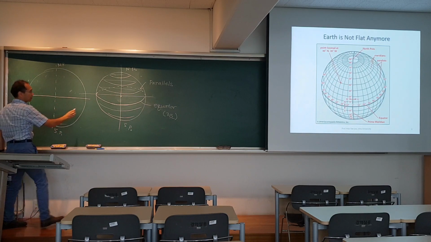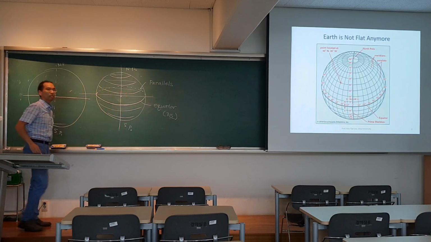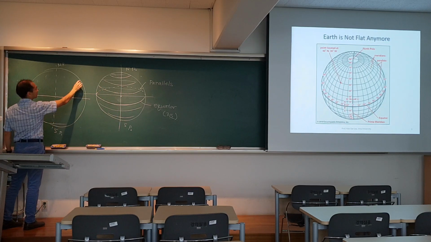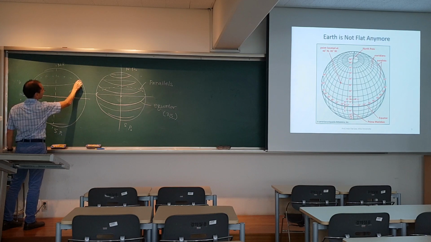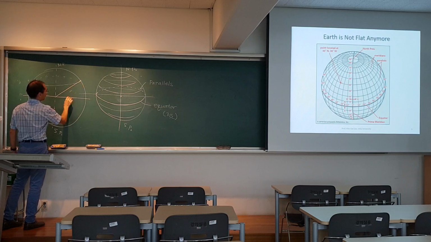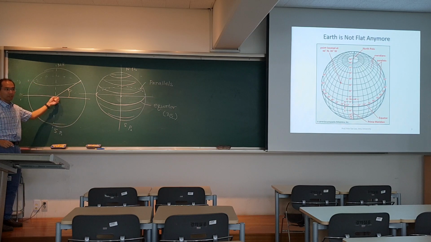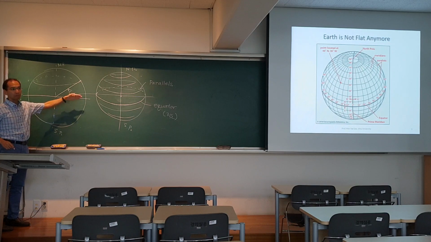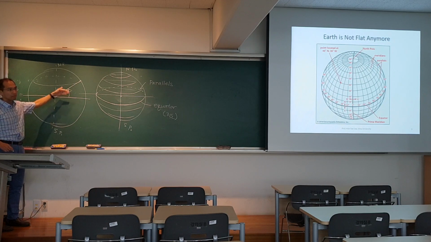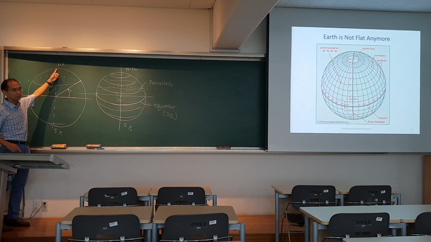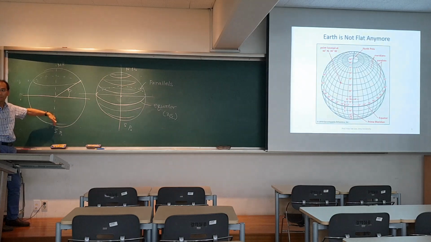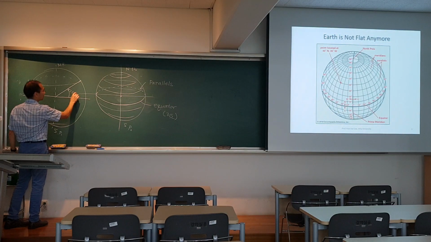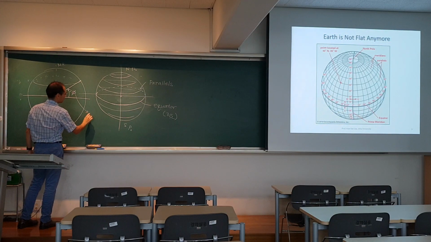Now, these parallels can be expressed by, if there is a parallel here, the degree, the angle from the equator. So 0 degree would be the equator itself, plus 90 degree, that would be the North Pole, and minus 90 degree, that will be the South Pole. So this angle here is called the latitude.